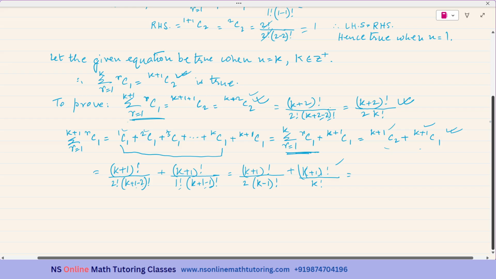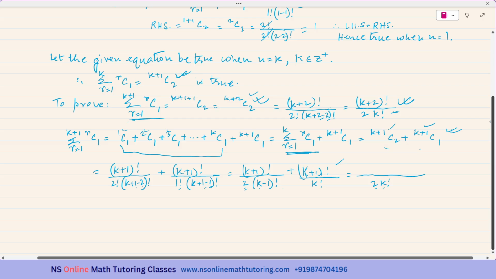So this is equal to, I need K factorial and there is this 2. So I can take the common denominator as 2K factorial. Okay. So it is not 2K whole factorial. It is 2 times K factorial. Okay. So 2 is there for the first term, 2 is present, and this is K minus 1 factorial and this is K factorial.